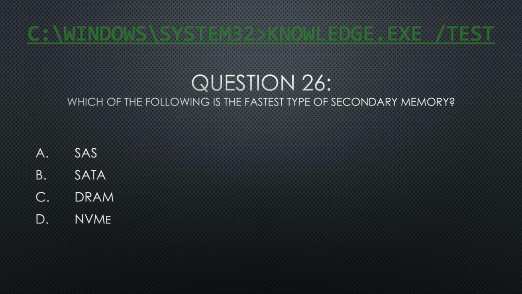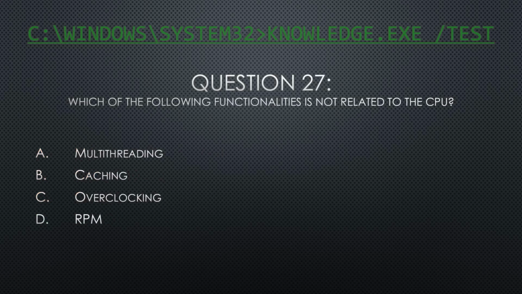Question 26. Which of the following is the fastest type of secondary memory? A. SAS. B. SATA. C. DRAM. D. NVMe. The answer is NVMe, so D would be correct. Question number 27.